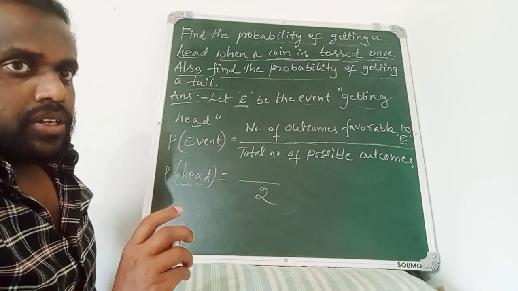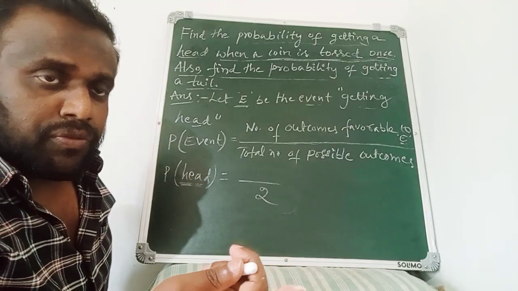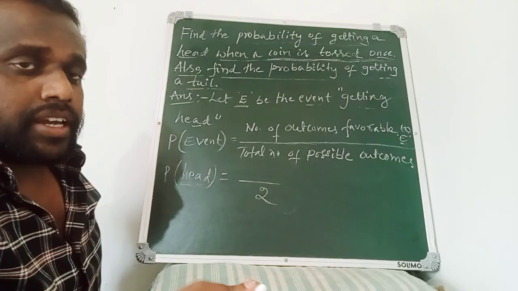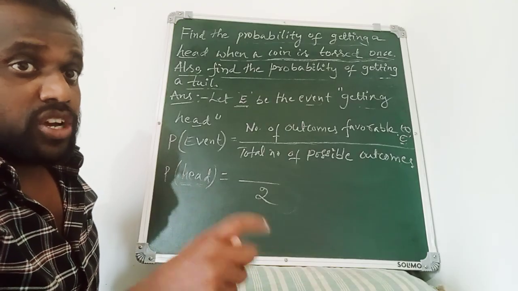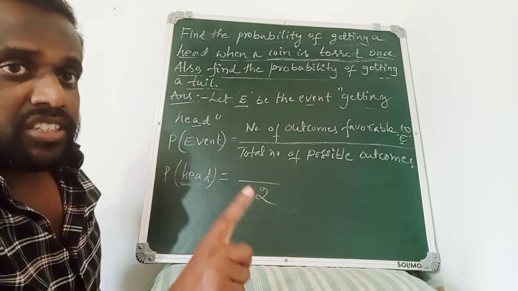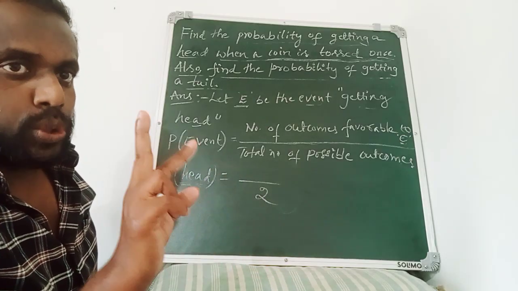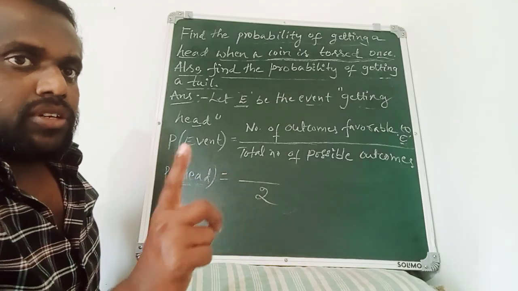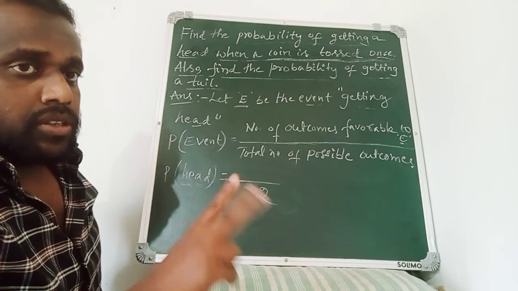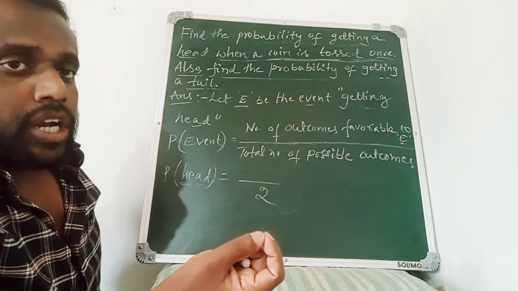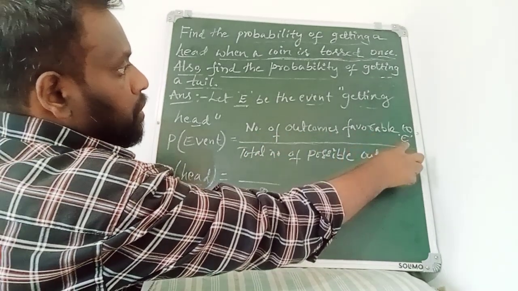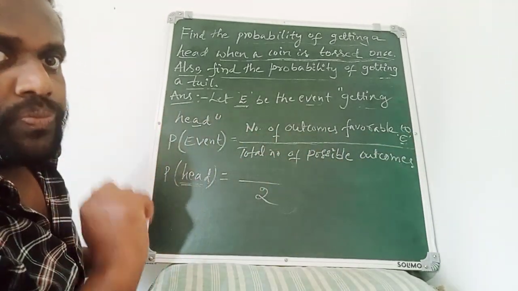So when a coin is tossed two times, the chances of getting head are two. First time when you toss a coin you can get head, second time you can get head also. So when a coin is tossed two times, the number of outcomes favorable to getting head is 2.